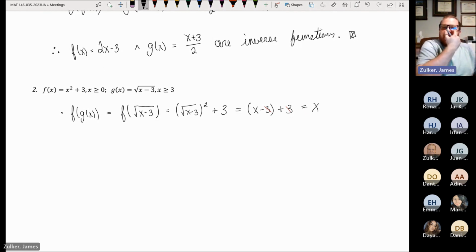And we are left with x. Now remember, we were told that x is greater than or equal to 3 for g, right? That means that it's also greater than or equal to 0. So this checks out.